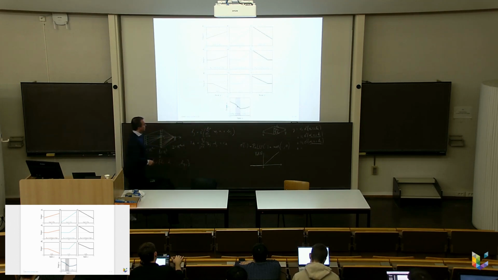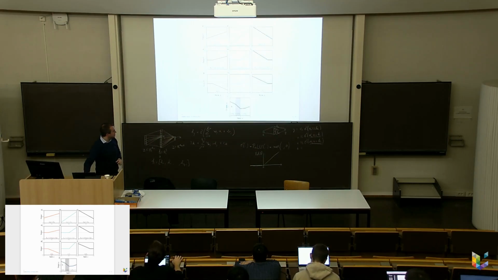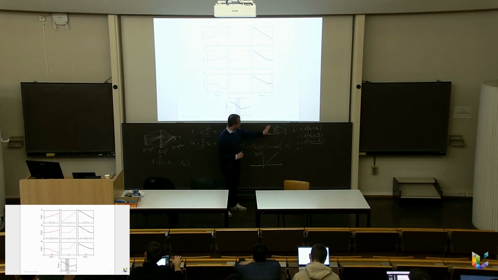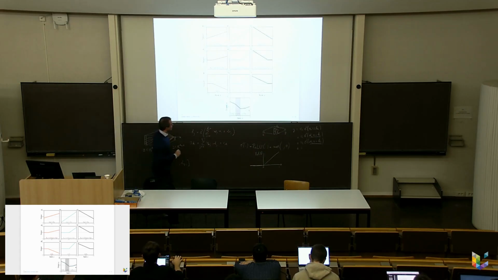Maybe that's not yet clear for you, but the number of linear regions that you see, so in this case 1, 2, 3, and 4 linear regions, is actually directly proportional to the number of units that we have in the shallow network. More precisely, the number of joints here is proportional to the number of units. Questions on this?